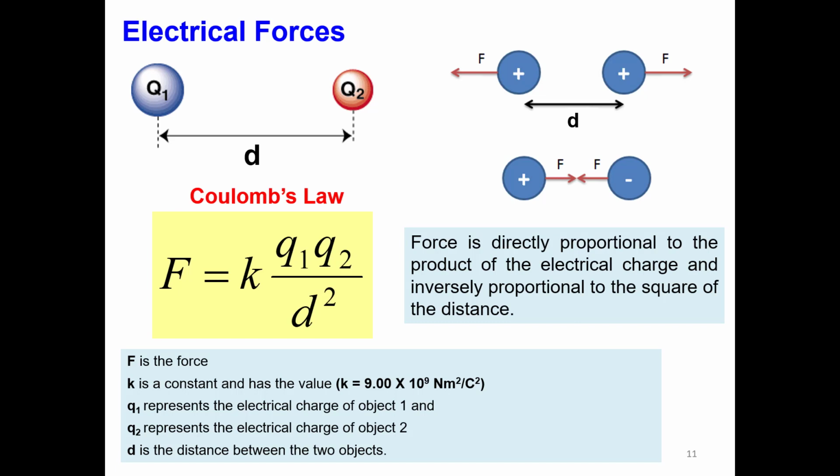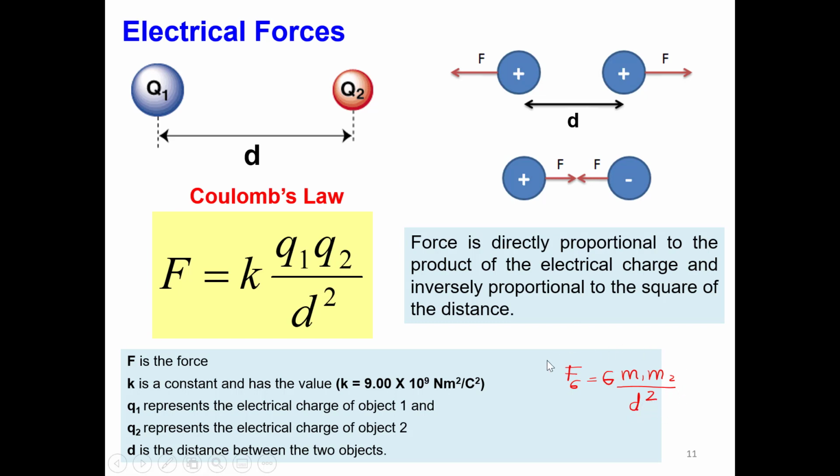Remember, we studied the gravitational force. In the case of the gravitational force, let me write it here: the gravitational force was G constant times mass 1 times mass 2 over the distance squared. We can calculate the gravitational force by multiplying the gravitational constant times the mass of object 1 times the mass of object 2, divided by the square of the distance between the objects.